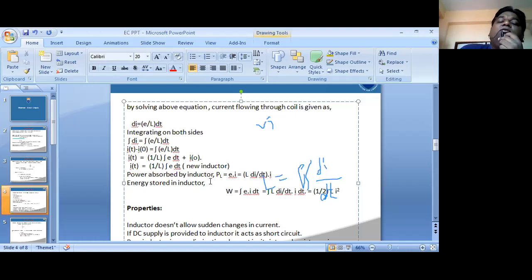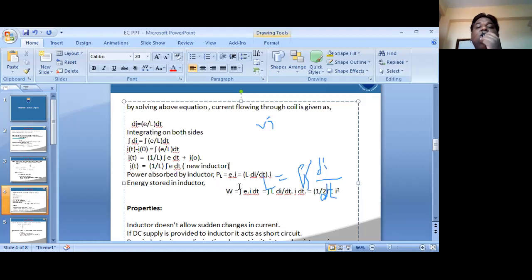Later we'll come to know that the net power in a pure inductor element is always 0. What is the difference between a pure inductor element and a commercial inductor element? We shall see during the AC circuits.